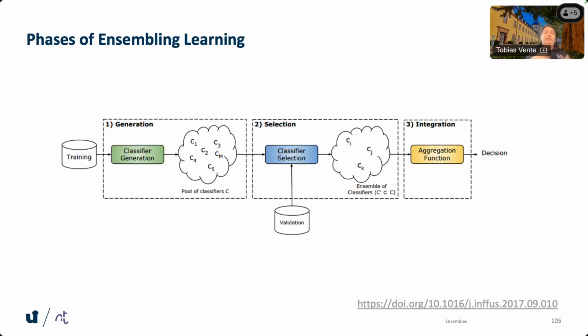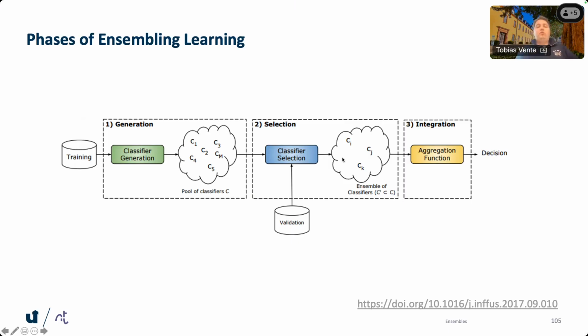Typically, in a pipeline, you have your training data, then you train classifiers. Then you select classifiers based on validation performance, and then you use these to ensemble them. Typically, you don't use every model that you have in an ensemble, but just very diverse ones, or very good ones, or ones that are trained on different data and so on.